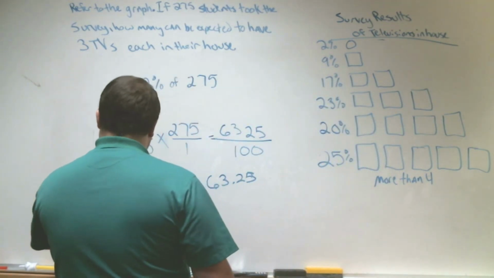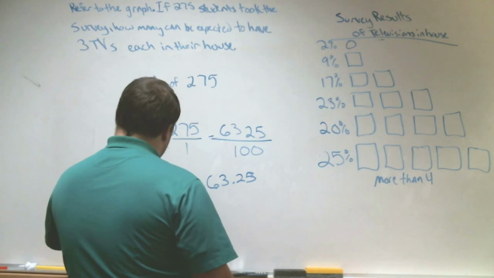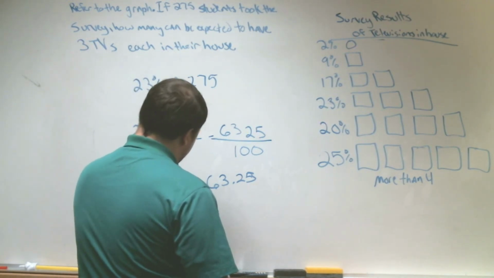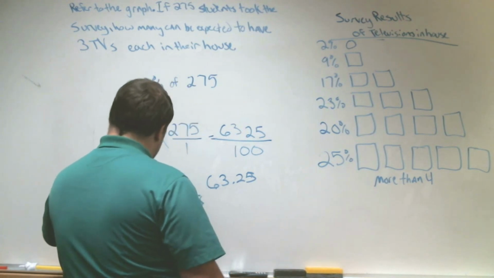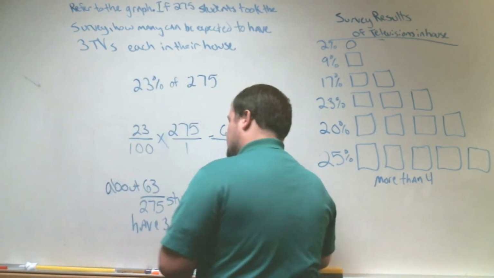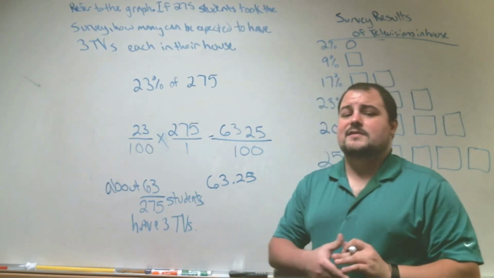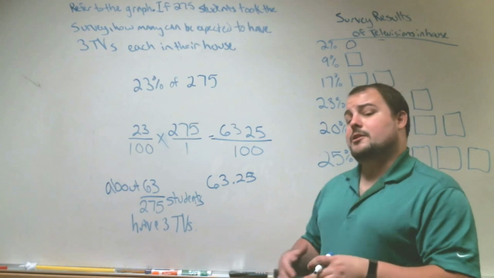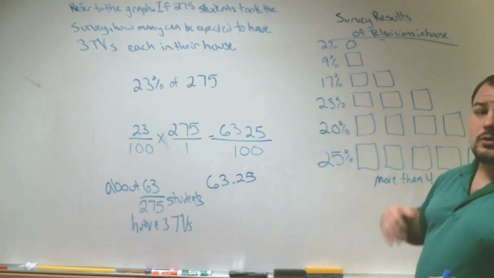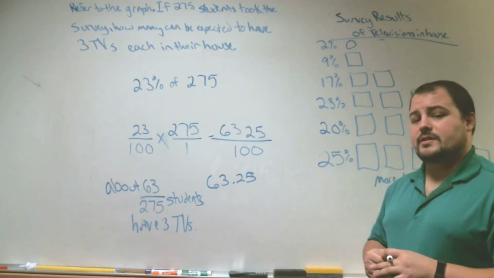So I would say about 63 out of 275 students have 3 TVs in their house. So in my answer, about 63 out of 275 students have 3 TVs in their house based off of the fact that 3 TVs is 23%. So I used 23% of 275.